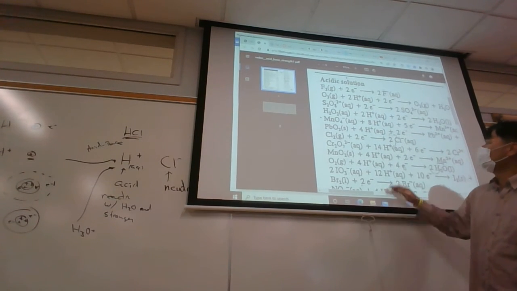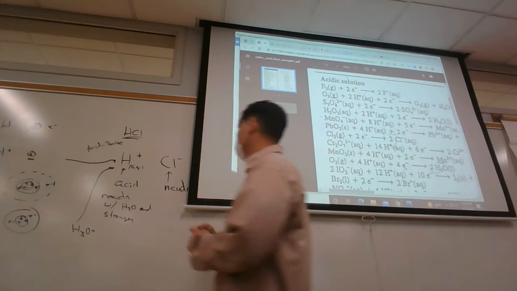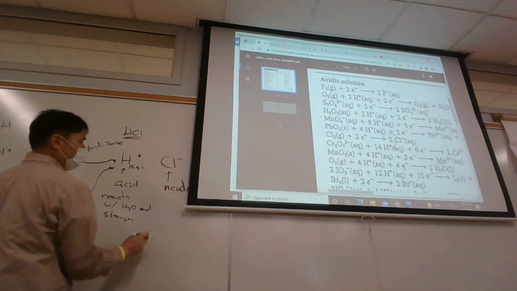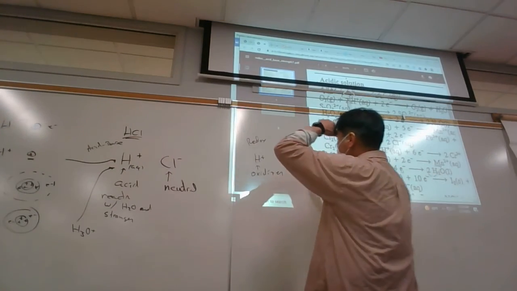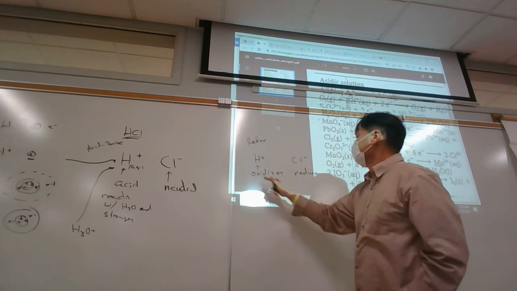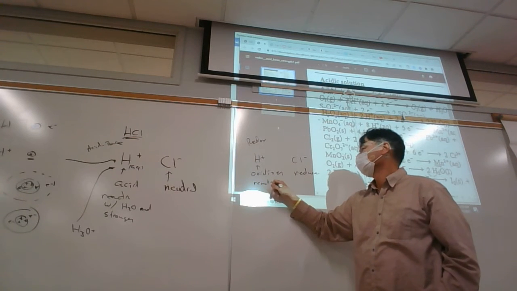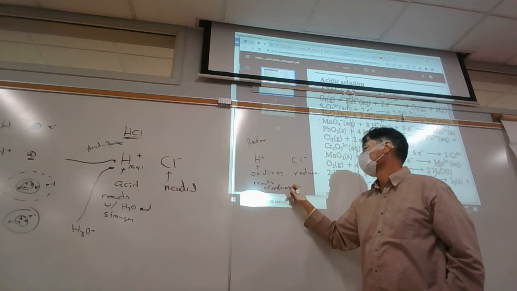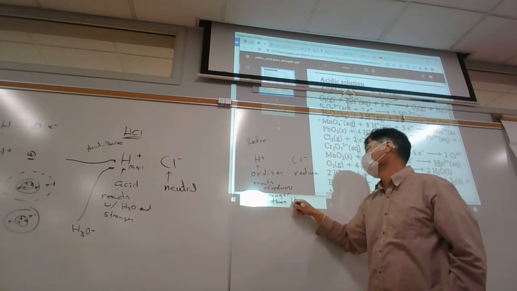Okay, so we say that any oxidizer is stronger than chlorine. So chloride is a reducer. H plus is an oxidizer, and it reacts with reducers stronger than H2.